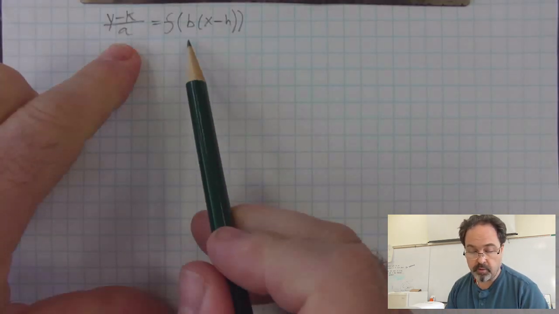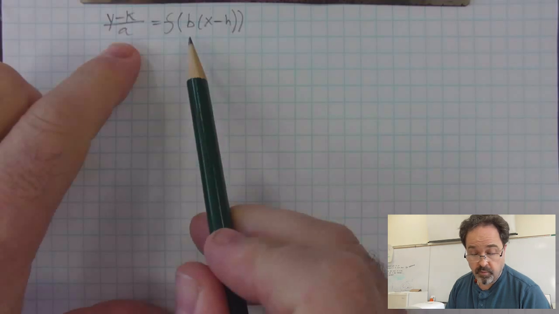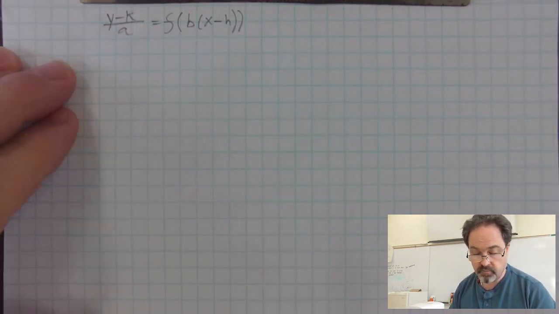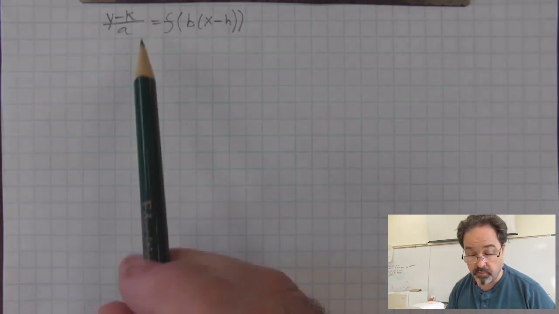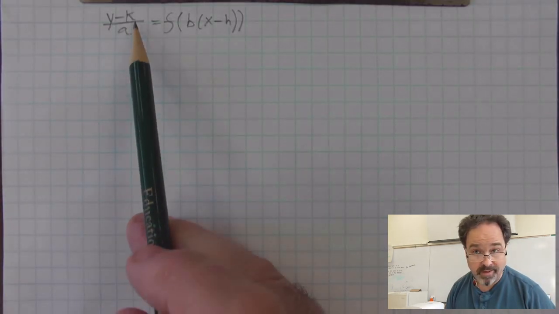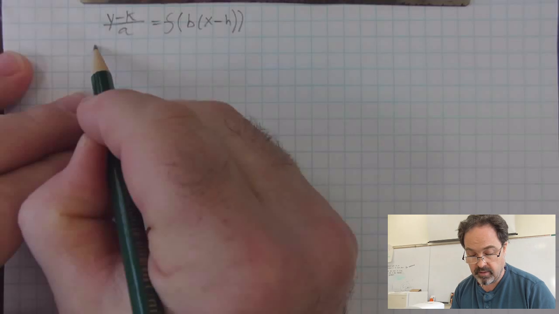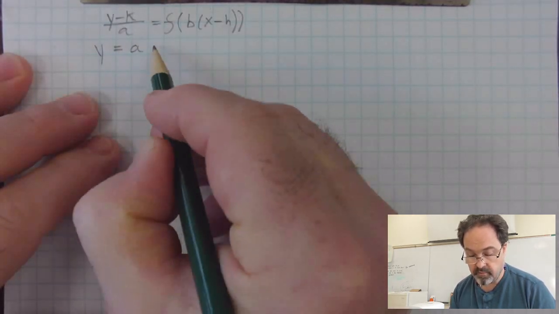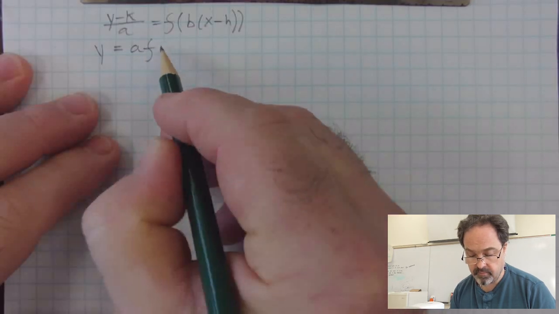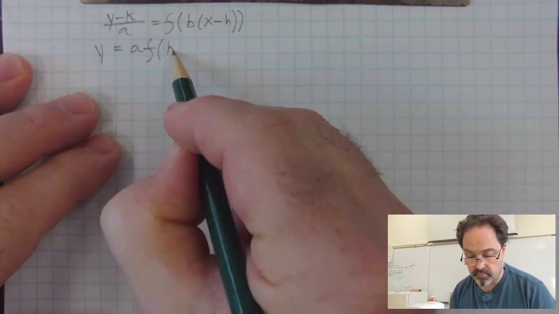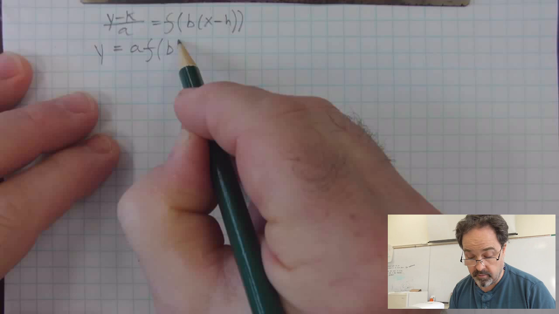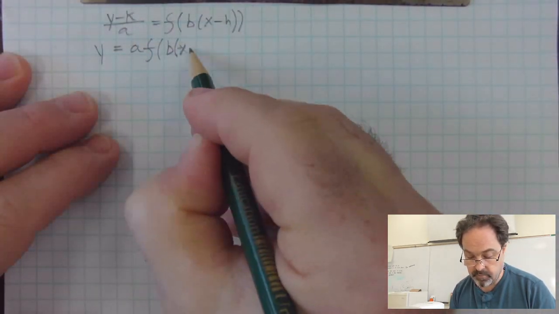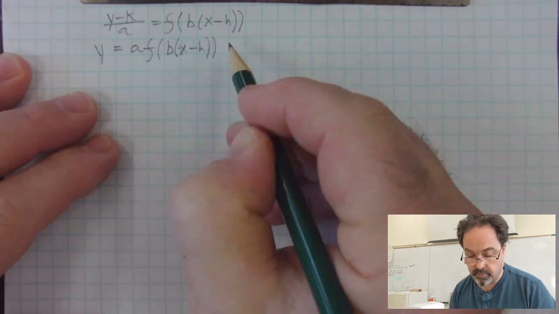Many people are used to and comfortable with equations that are solved for y. We can solve this equation for y by multiplying both sides by a and then adding k. And it would look like this: y is equal to a times any function of b times (x minus h) plus k.